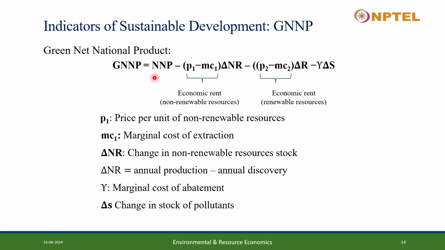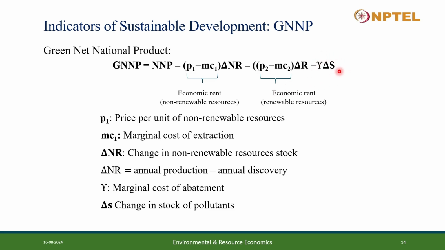So in GNNP, what we do is from NNP, the net national product, minus the economic rent. So the economic rent which you pay for the non-renewable resources, and the economic rent which you pay for the renewable resources, and the emission component.